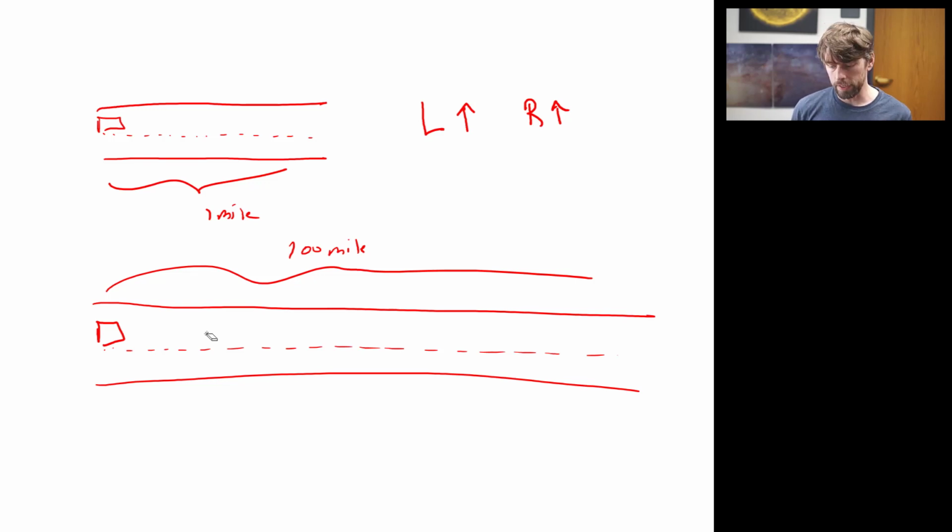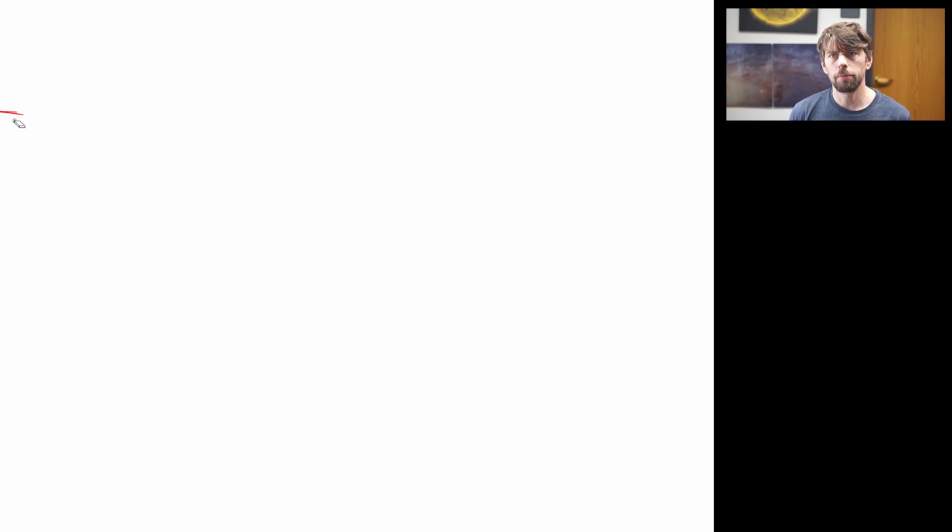We can put those two ideas together. We know that the resistance must increase with length and decrease with area. And indeed, this is the case.